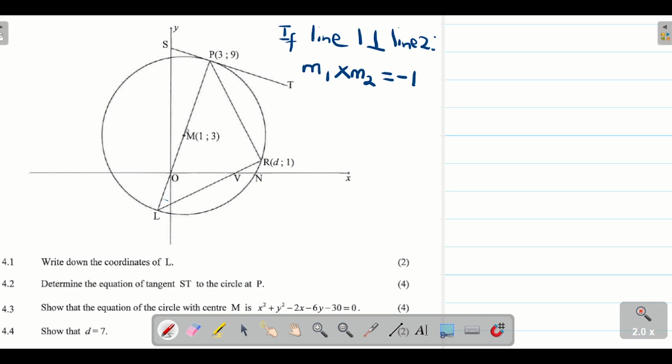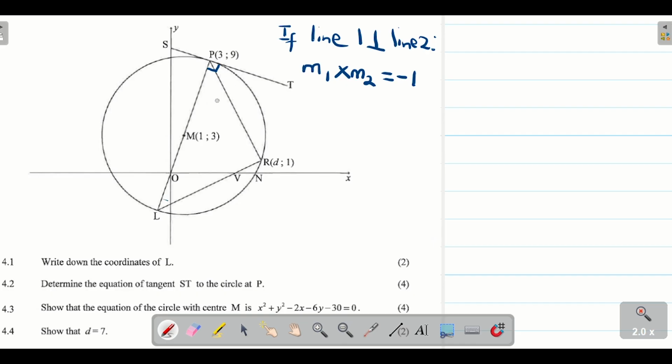So what is the radius of a circle? Any line that goes from the center of the circle to the circumference of the circle is the radius. So in this case, line MP or PM is the radius. Because it's meeting the tangent here, we know that this line is perpendicular to the tangent.